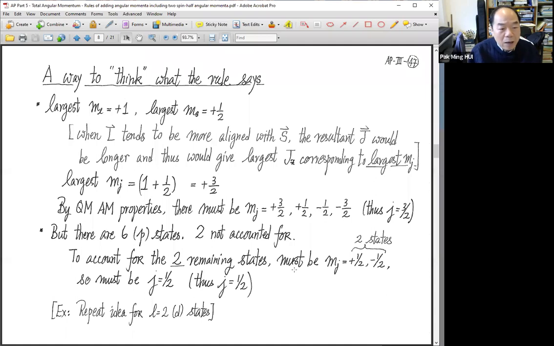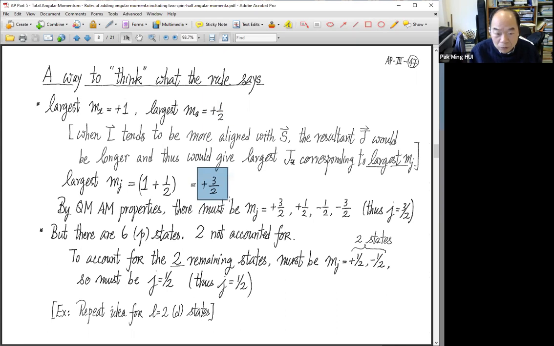So here, I want to make things plausible. We can think about why this rule is there. Okay, so we have an L=1 state, the longest angular momentum projection on Z is 1 h bar. We have a spin half, so the longest in the positive Z component is h bar over 2. So for these two Z components, if we add them up, the longest total angular momentum Z component will be 1.5 h bar.